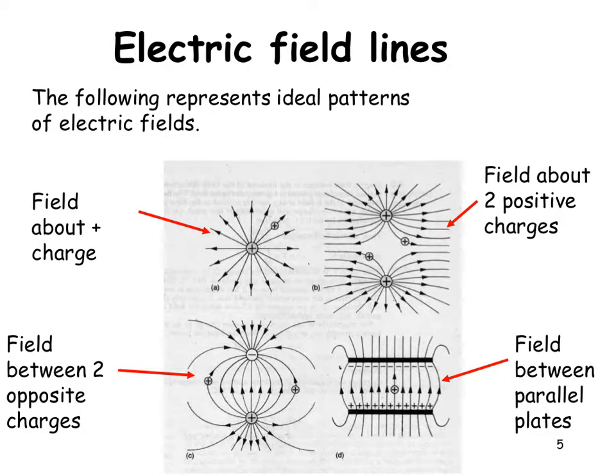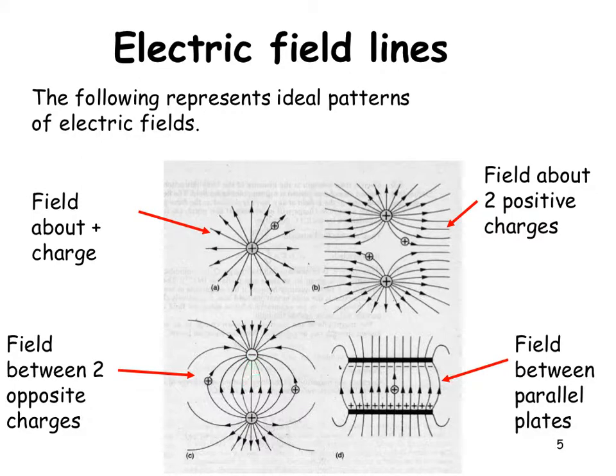These are how we would draw those field lines nicely. As you can see, from positive point charge would be repelled away. Notice how the field lines are getting further apart. There they're close together, there they're far apart. That means the field is getting weaker as you go further from that point charge. Two like charges are going to land up with the space in the middle because of the interference of their field lines.